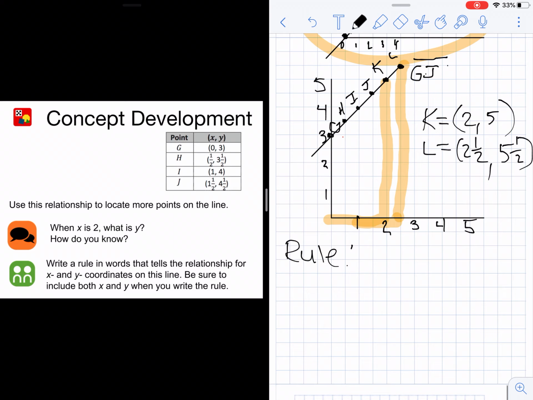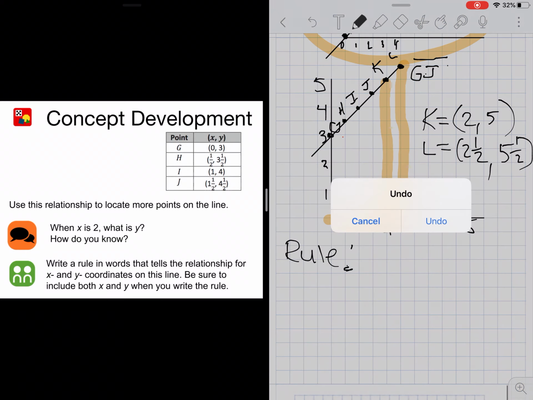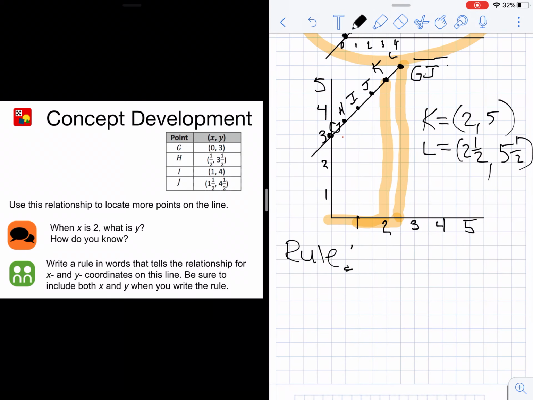Collinear means that the relationship between x and its corresponding y will be the same. So go ahead and write your rule. Make sure you contain x and y.